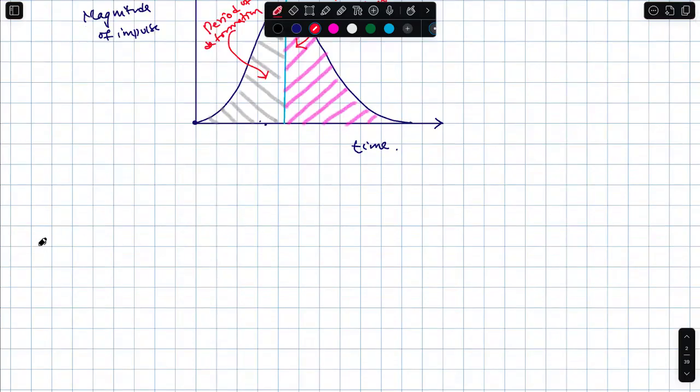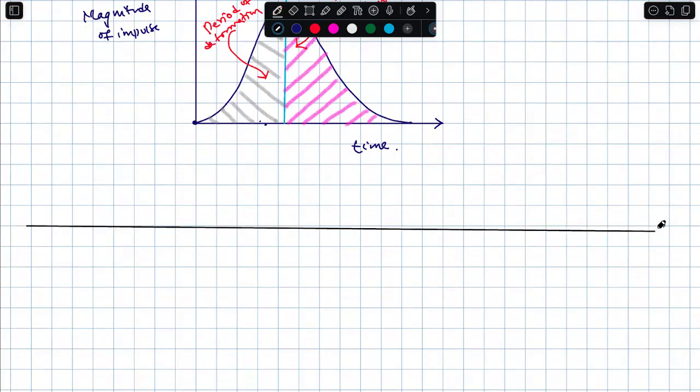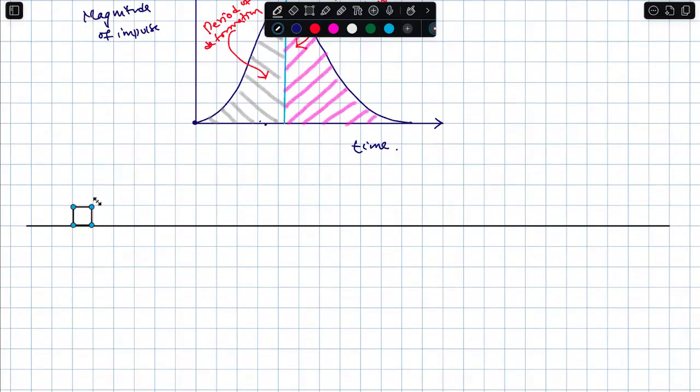See, you can understand this clearly by a simple example like this. A, and you have B, and you have some spring type of arrangement. Remember, as I mentioned, this is moving with U1 and this is moving with U2.